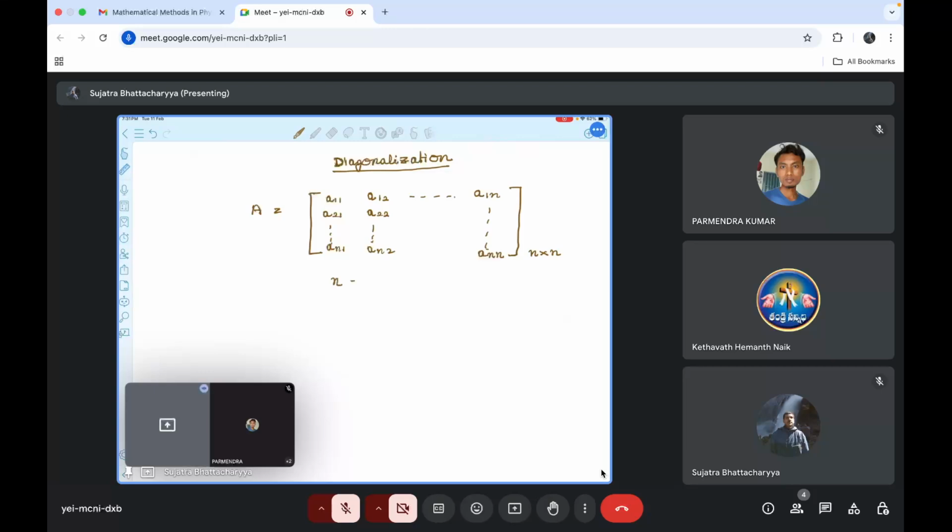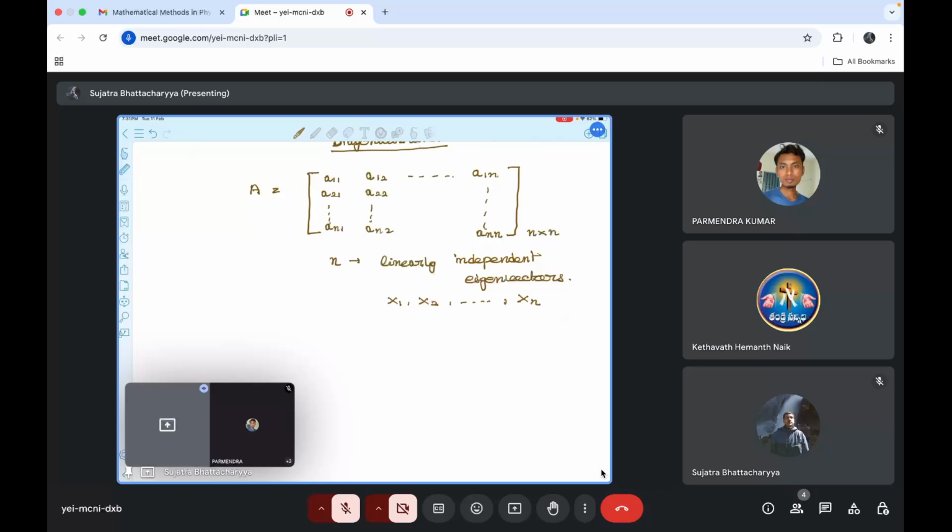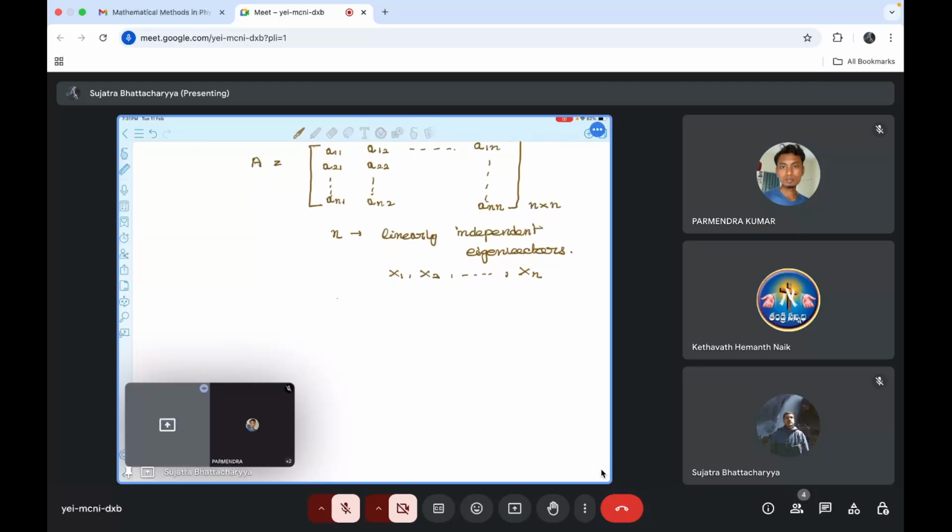Let us say that it has n linearly independent eigenvectors, which are x1, x2, so on up to xn. You can put the ket brackets if you like.